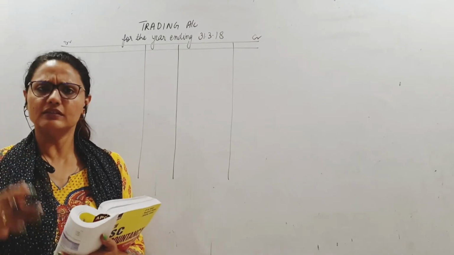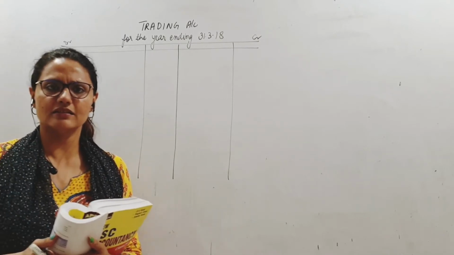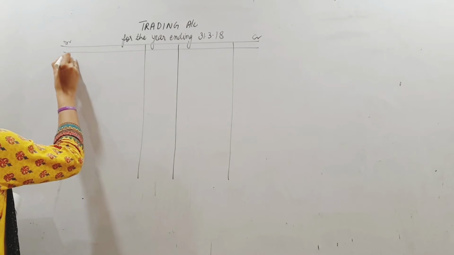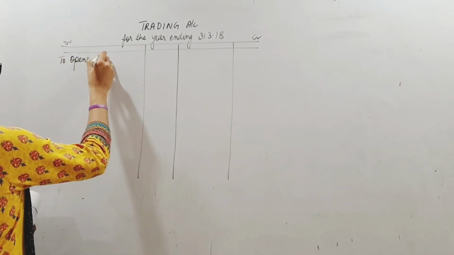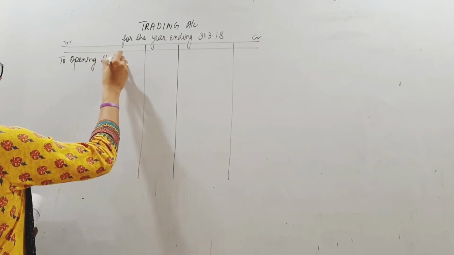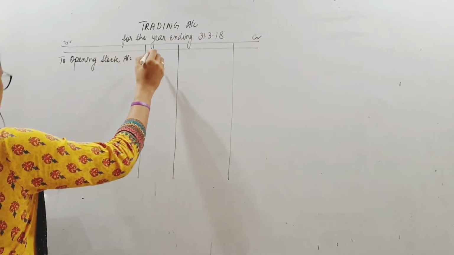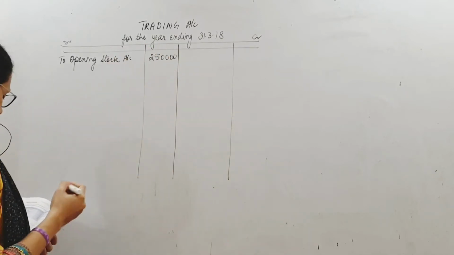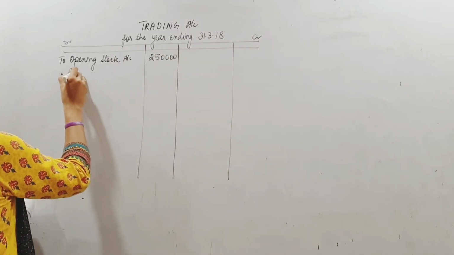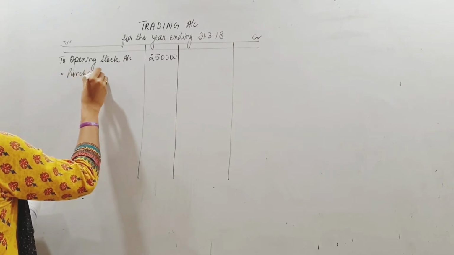So we would have sold this during this year. So it is an expense of this year. I close it by debiting trading account. Opening stock is 2,50,000. Then we had purchases. Purchases will usually have returns.